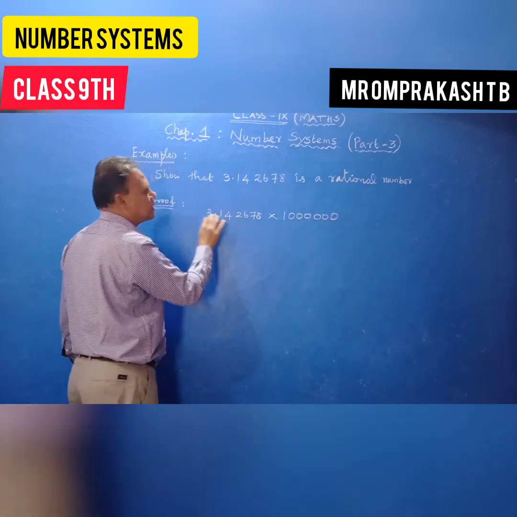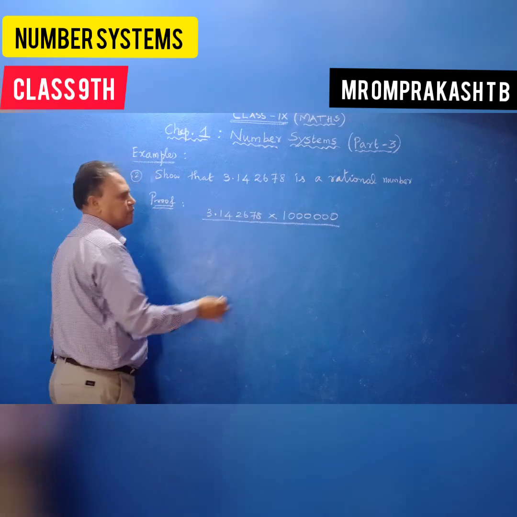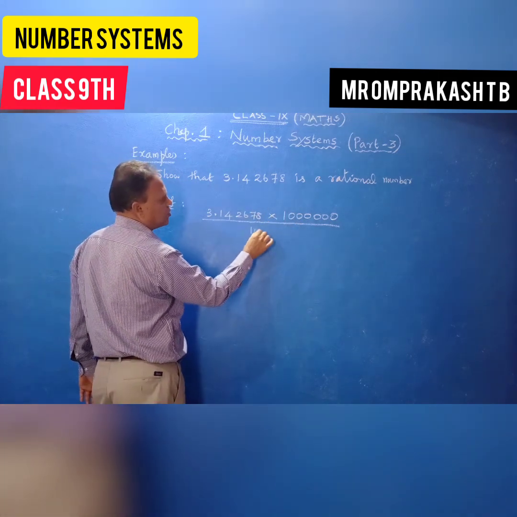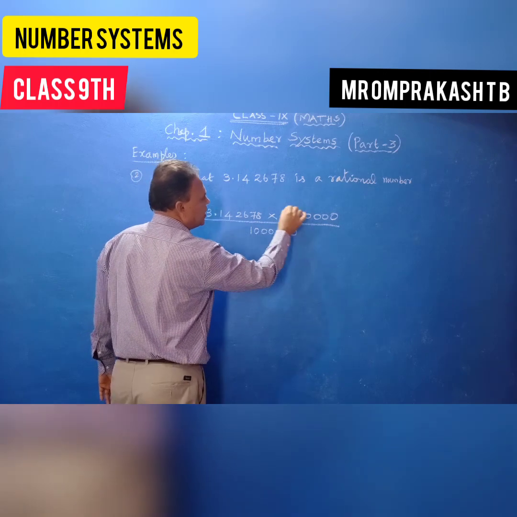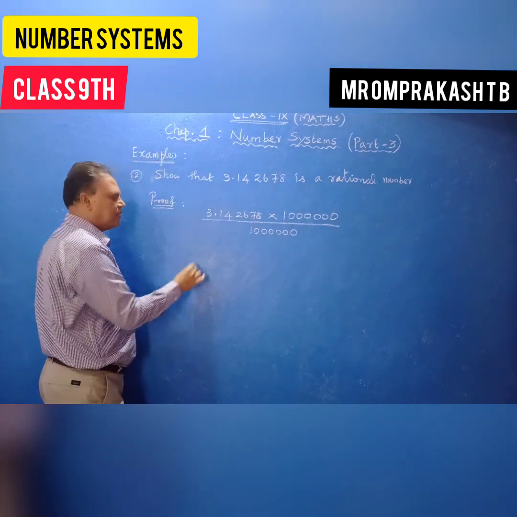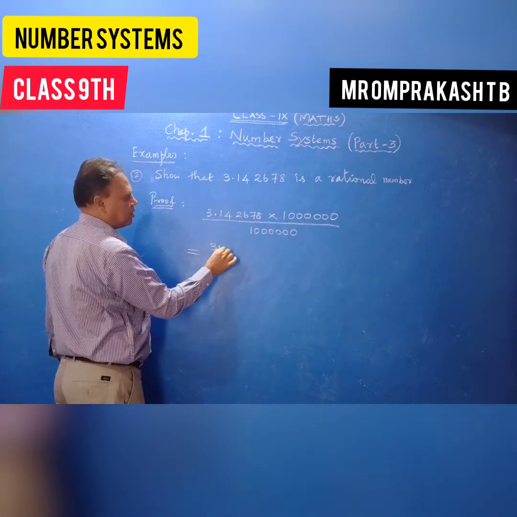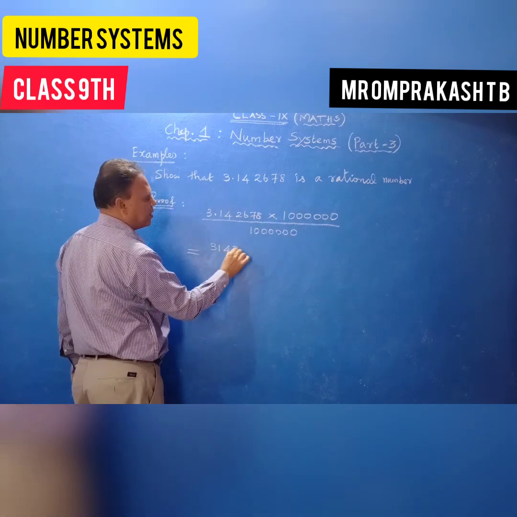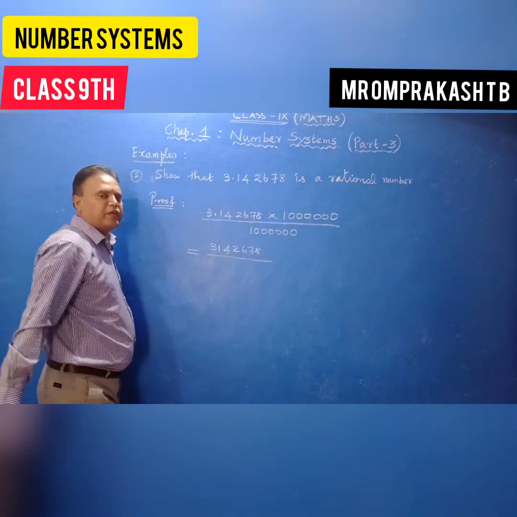When you multiply, it will become integer. That means you are removing the decimal. Clear? Same way denominator also you have to write 1, 2, 3, 4, 5, 6 zeros. Then only it will be balanced. Clear? So that is equal to, now numerator alone you multiply. Decimal will be removed.